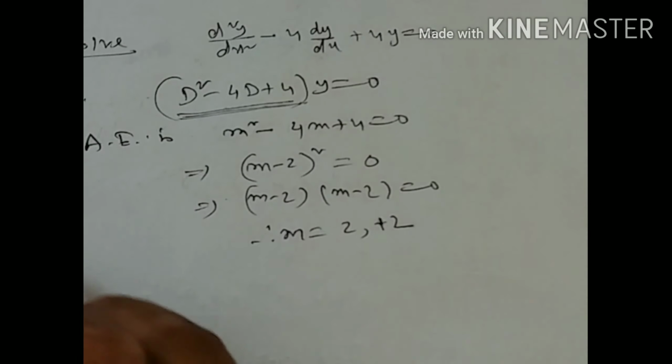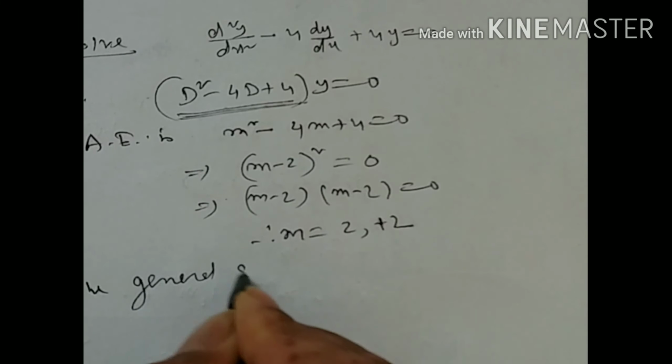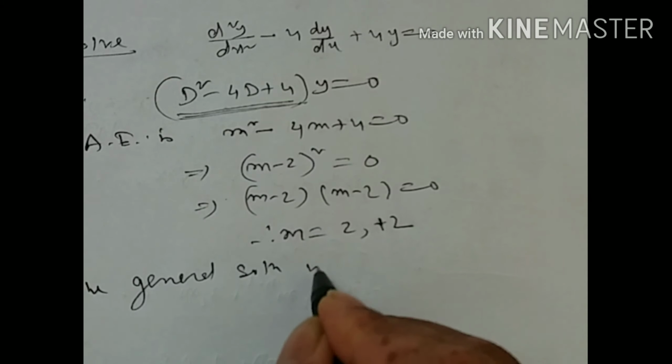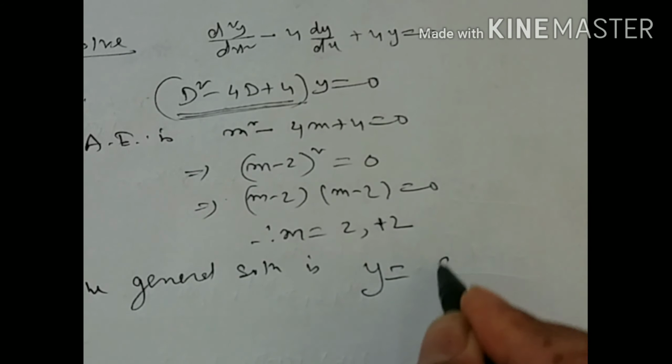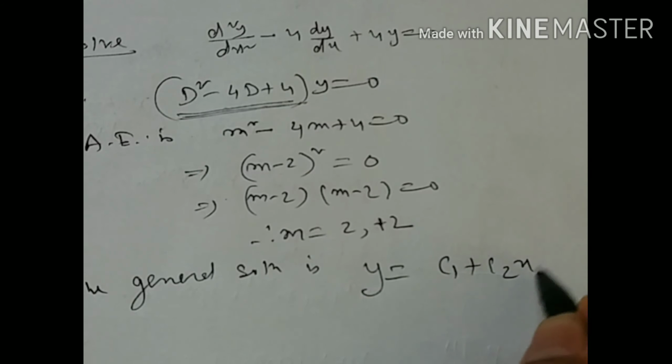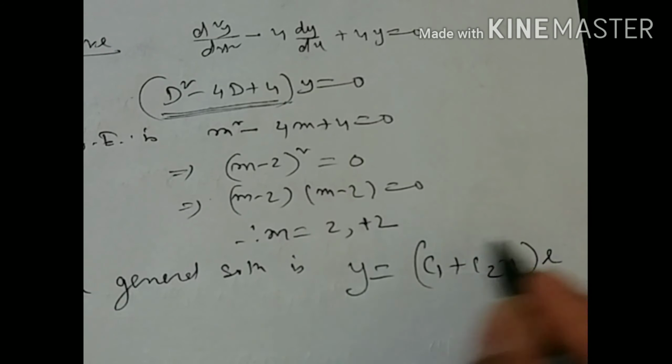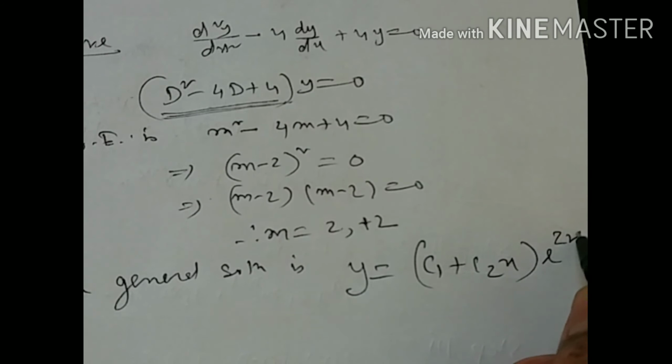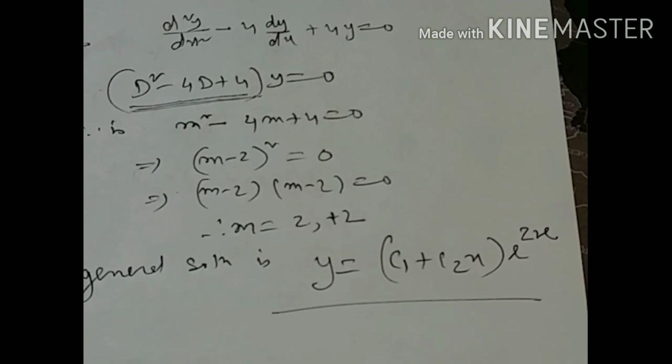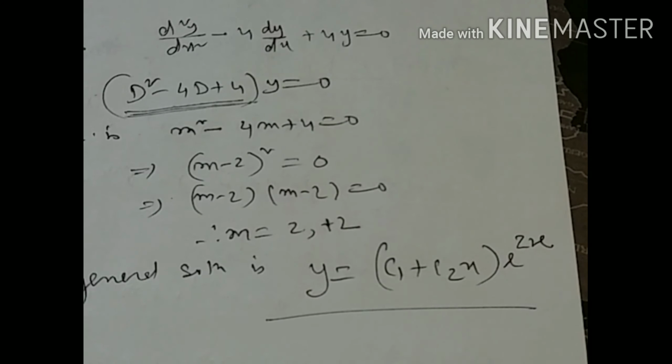The general solution is y equal to (c1 plus c2x) e to the power 2x. So this will be your general solution if two roots are same. Here c1, c2 are arbitrary constants.